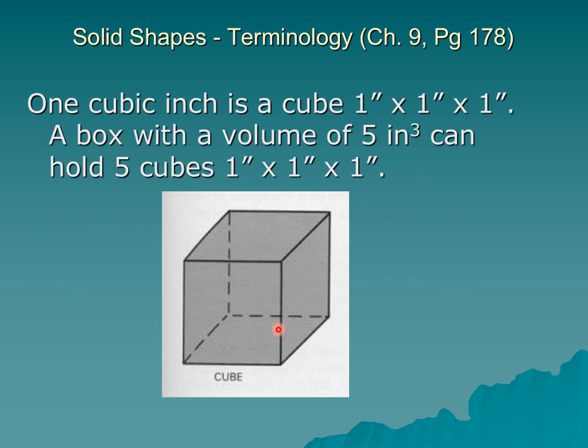If all the sides here, this side, this side, and this side, are equal, then you can think of this as 1 cubic inch, because you are multiplying all these three dimensions, right? That's how you can guess how big 1 cubic inch is.